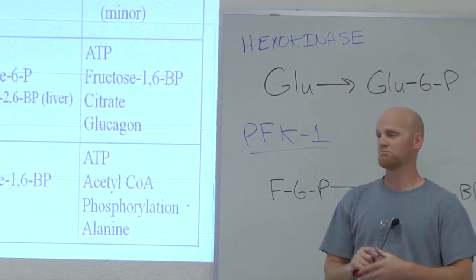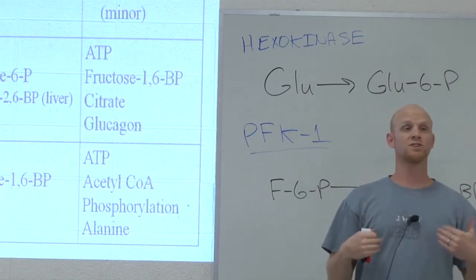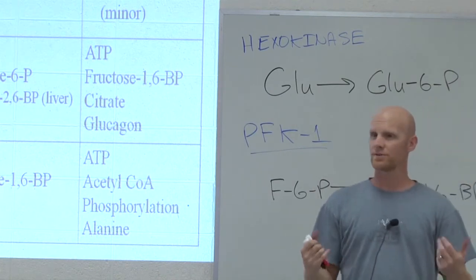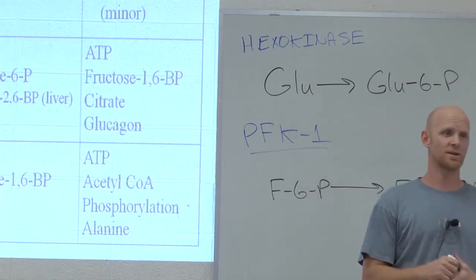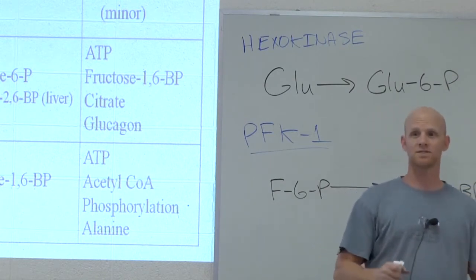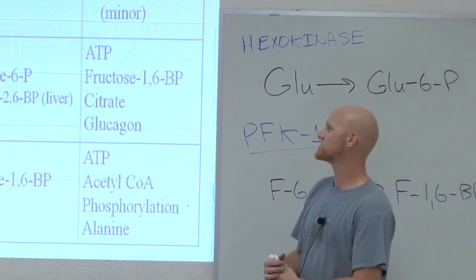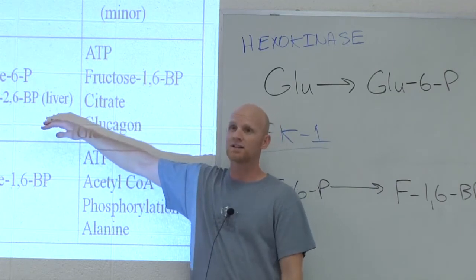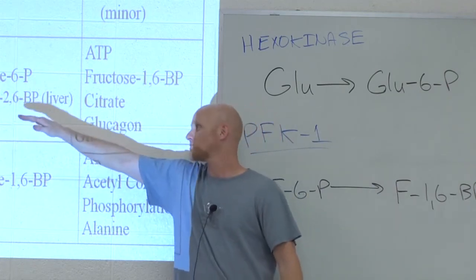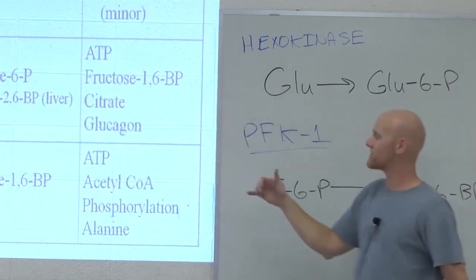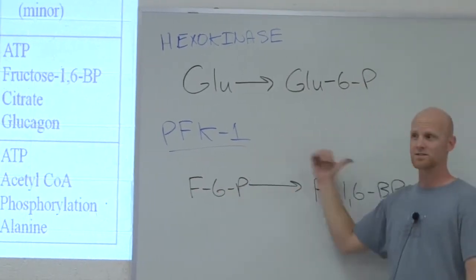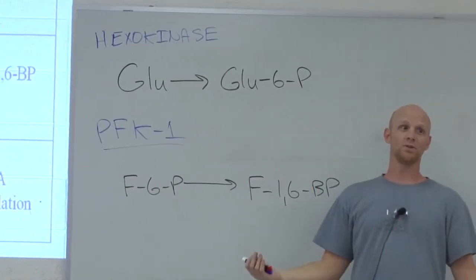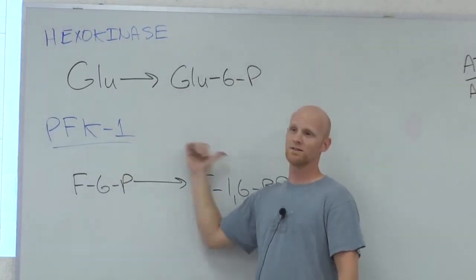When you've got a lot of sugar, because you just ate, then you get insulin released so that you can do something with that sugar, which either can lead to storage or glycolysis, depending on what's going on in the situation. So if you just ate and there's lots of sugar in your bloodstream, that's when insulin gets released. Would it make sense that that would want to turn on glycolysis? Yeah, if you've got lots of glucose available, then by all means, let's get using it. Let's make some energy.